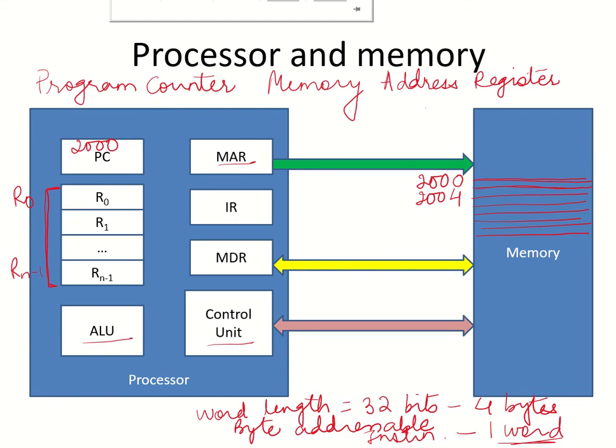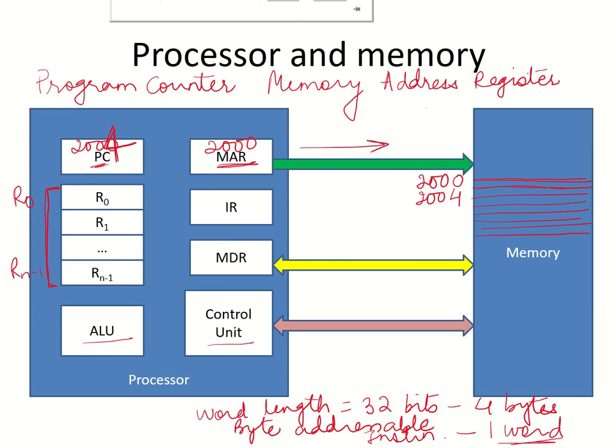So the program counter will pass this address 2000 to the memory address register MAR. At the same time, the program counter will increment to point to the next instruction, and if the next instruction is at 2004, this will become 2004. If the word length was 2 bytes and the instruction required one word, then this PC would have incremented to 2002.